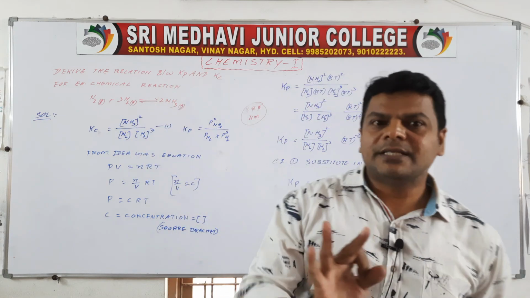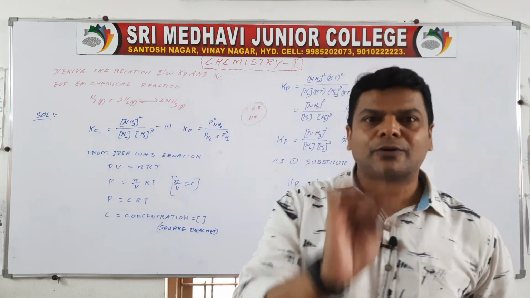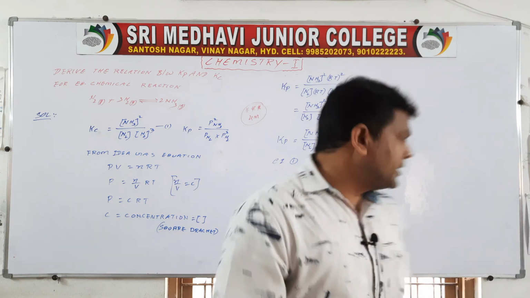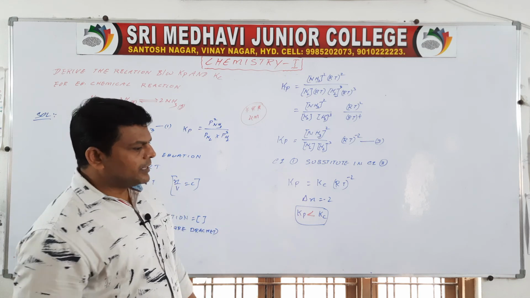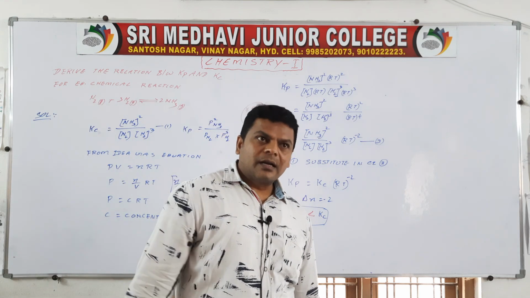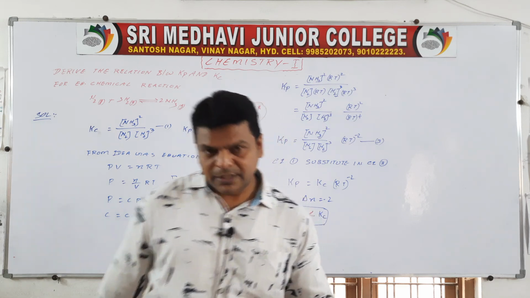Derive means you have to write all this. This is for 4 marks. Or write the relation means you have to write only this relation. Okay, so this is briefly Kp, Kc, RT to the power delta n. Okay, it's a time to leave.